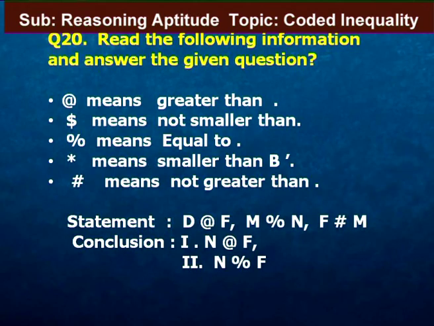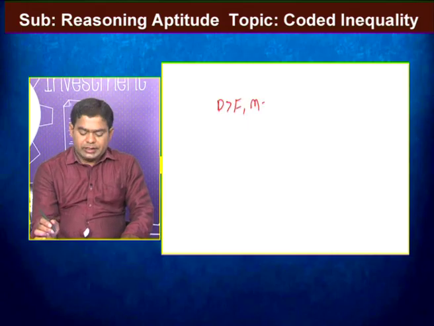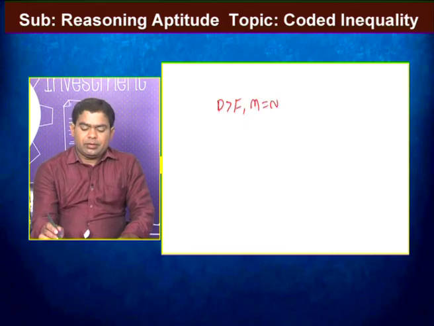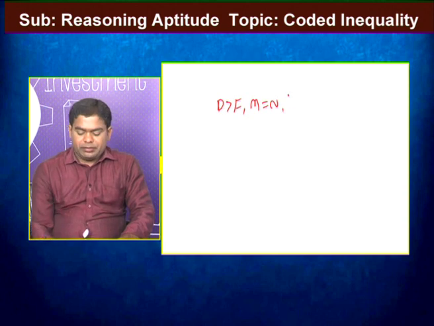So here D at the rate f, according to our question paper, at the rate is denoted greater than, D greater than f. Again the statement is m percentage n, percentage is denoted equal, that means m equal to n.